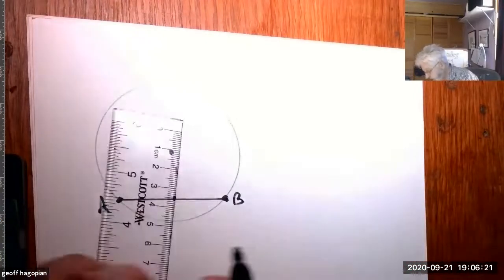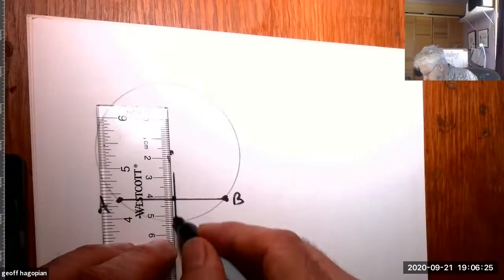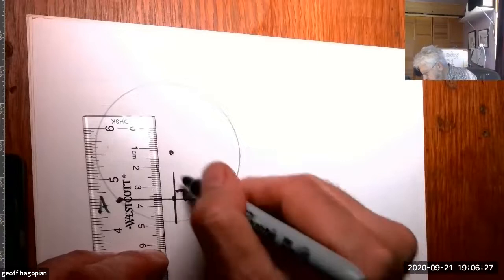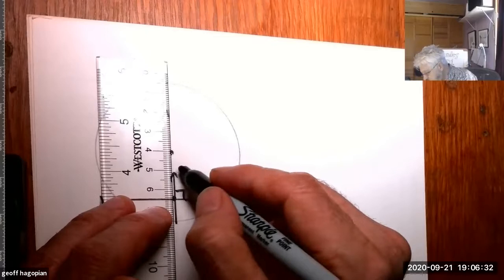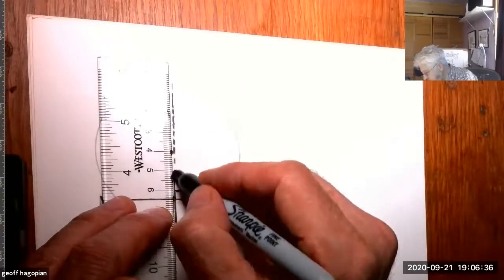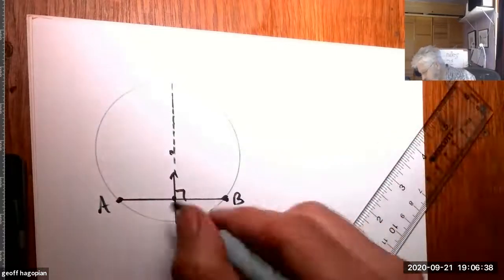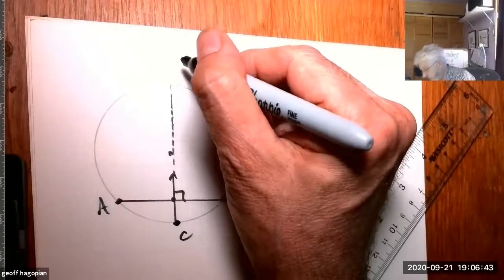And we draw this perpendicular and extend it. When we extend it, it's going to meet the opposite side somewhere. So should we call this C, D?